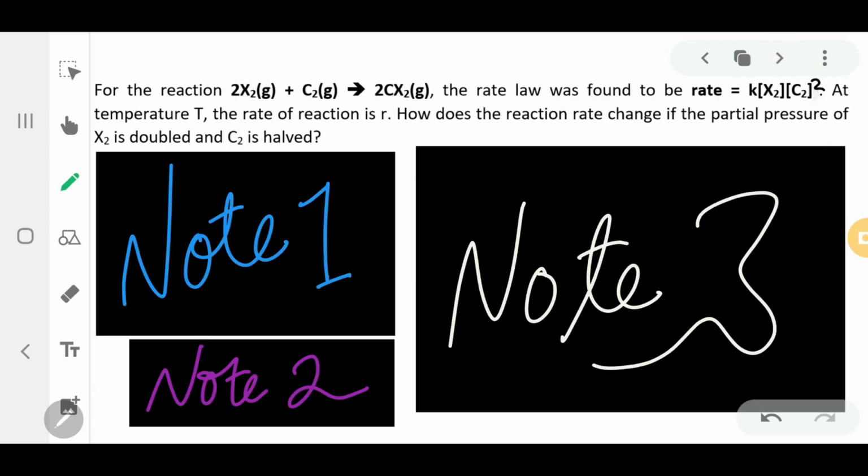Now, next question. Also, we have 3 important notes before we proceed. If you look at the question, it has the rate law. At temperature T, the reaction rate is R. How does the reaction rate change if the partial pressure of X2 is doubled?